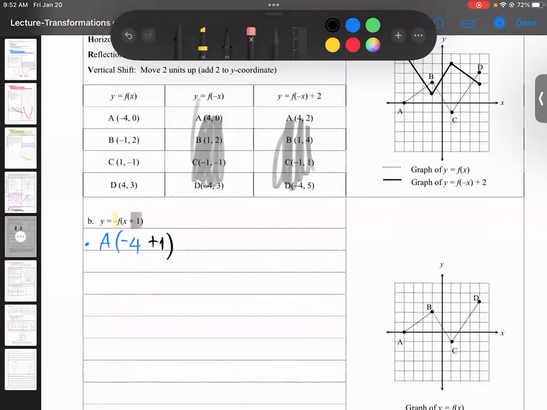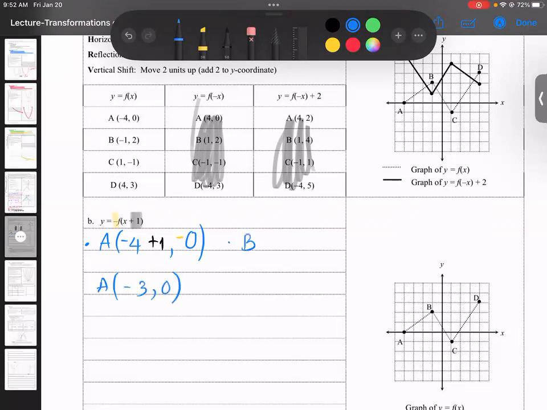So A is -4 plus 1, comma, what? 0, -0, right? The negative y. -1 times y, -1 times 0 is still going to be 0. So A will be -4 plus 1 is -3, comma 0.